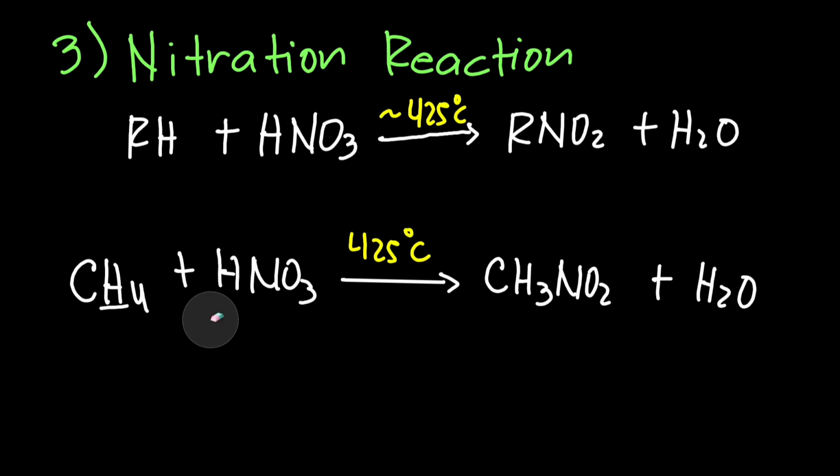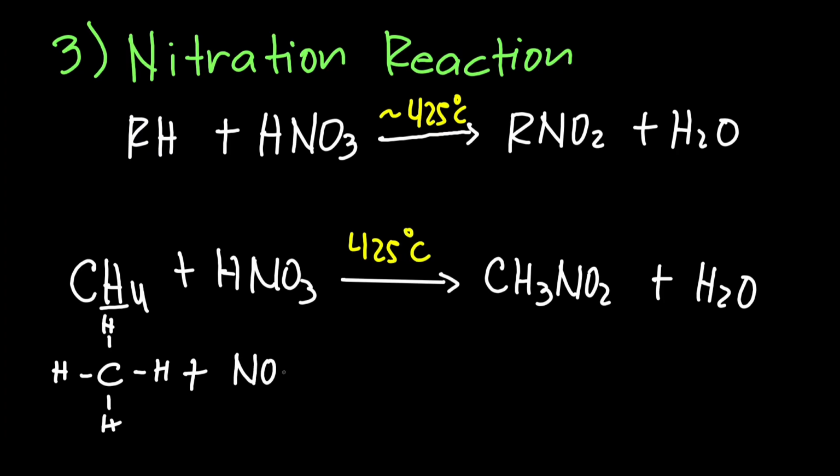If you want the structural formula method, let us do that. CH4, putting it, this would be C and H surrounded by it, plus HNO3. For nitration, we only need the NO2 in there, so we can put this as NO2 dash HO, which is left after subtracting NO2 in there, under 425 degrees Celsius.